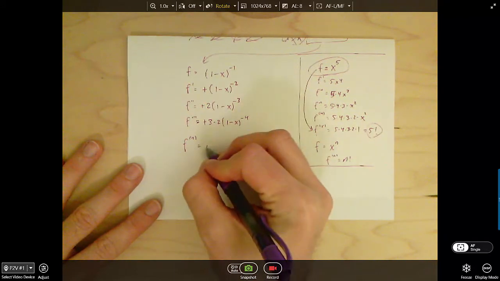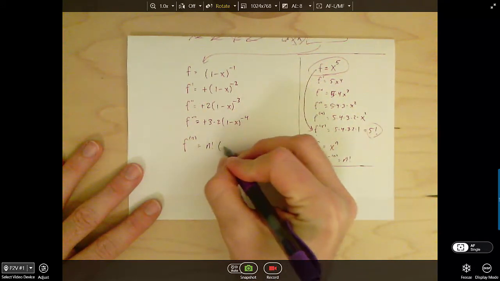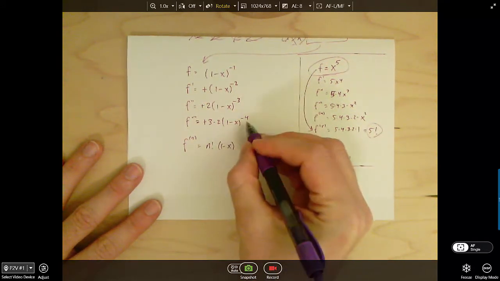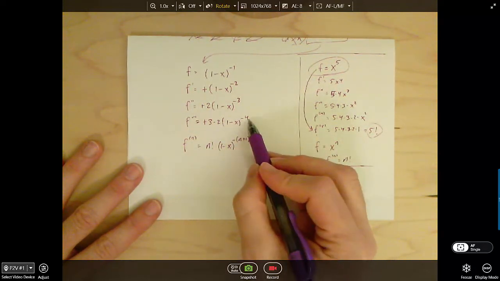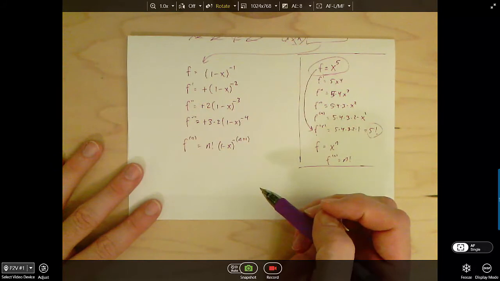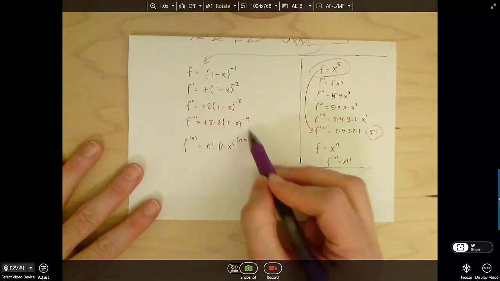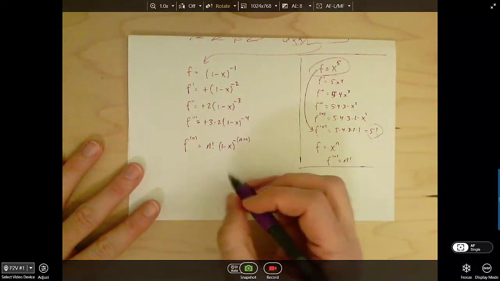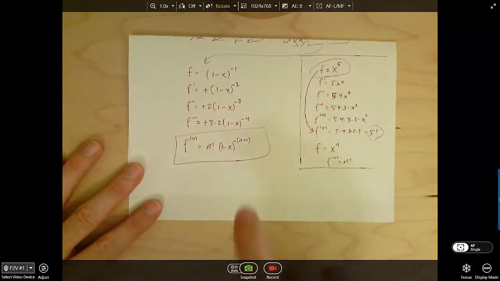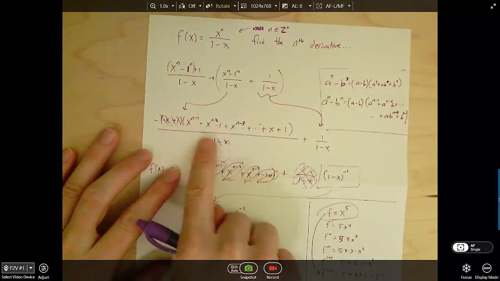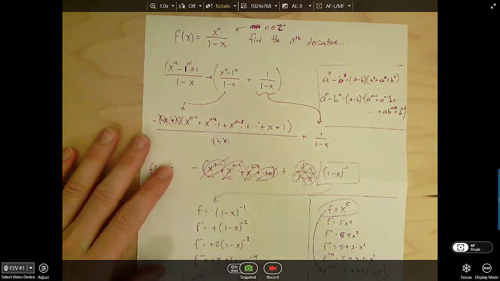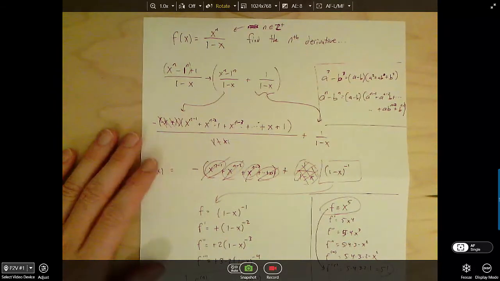So for the nth derivative, I'm expecting to have n factorial as a coefficient. And then the exponent here should be negative n plus 1, because the magnitude is going to be 1 larger than whatever derivative I have. And that's it. So that's the answer to the problem, because due to the simplification that we made here, all of those other terms, the nth derivative is going to end up being 0.